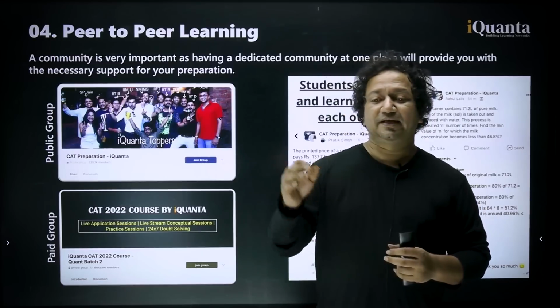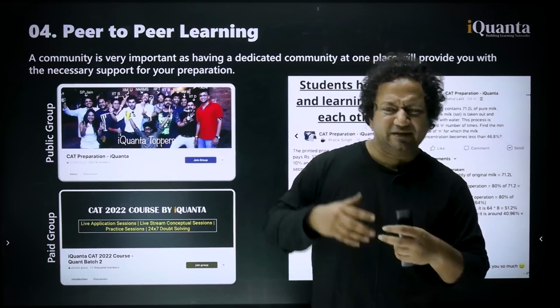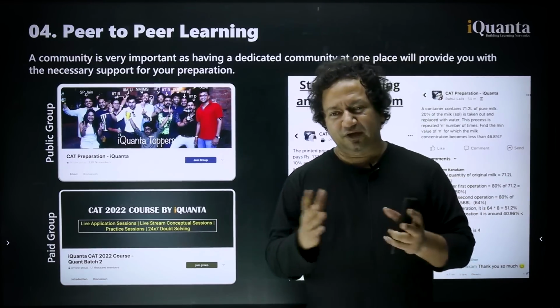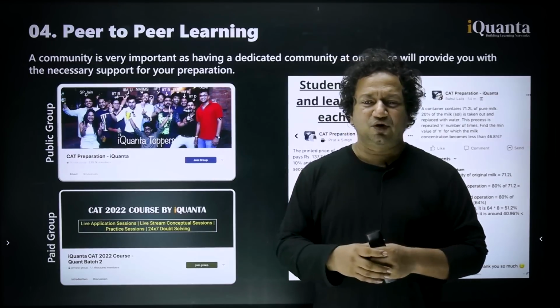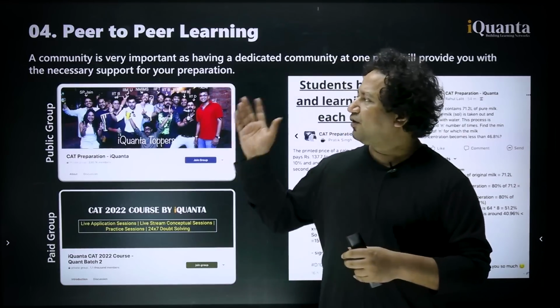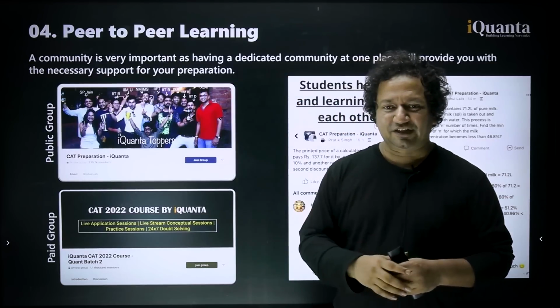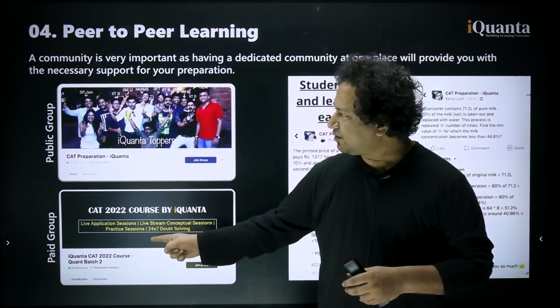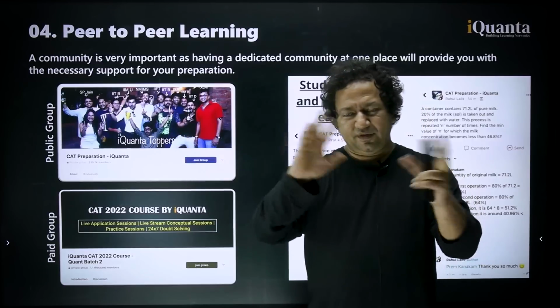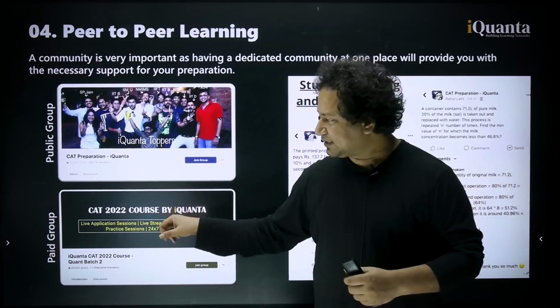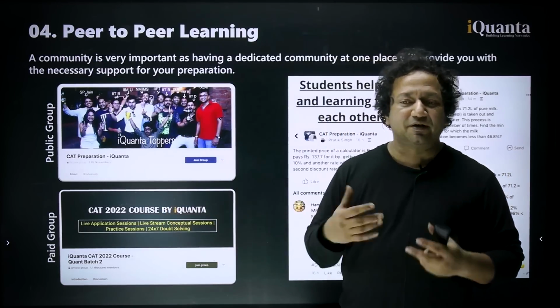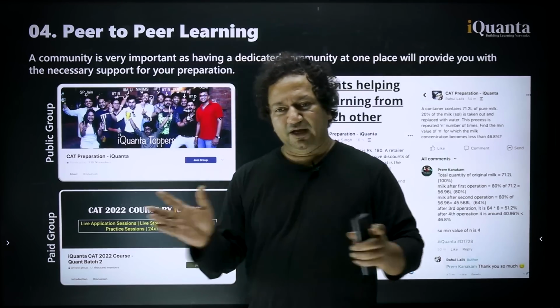If you want to post a doubt, solve a query, or discuss something philosophical, political, or news, all that can happen on this Facebook group. This is the public group and this one is the paid group. The public group is where all people can come and comment, and the paid group is for the students who have enrolled with us for our full-length CAT program.